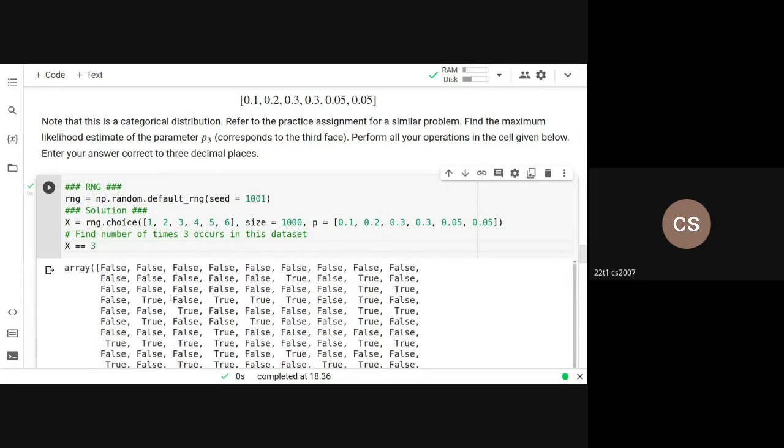What will happen is it'll give me an array of the same size as x. But instead of having the numbers or the observations, it will have a Boolean value true or false. It is true if in that index 3 is present, and false if 3 is not present in that particular index.